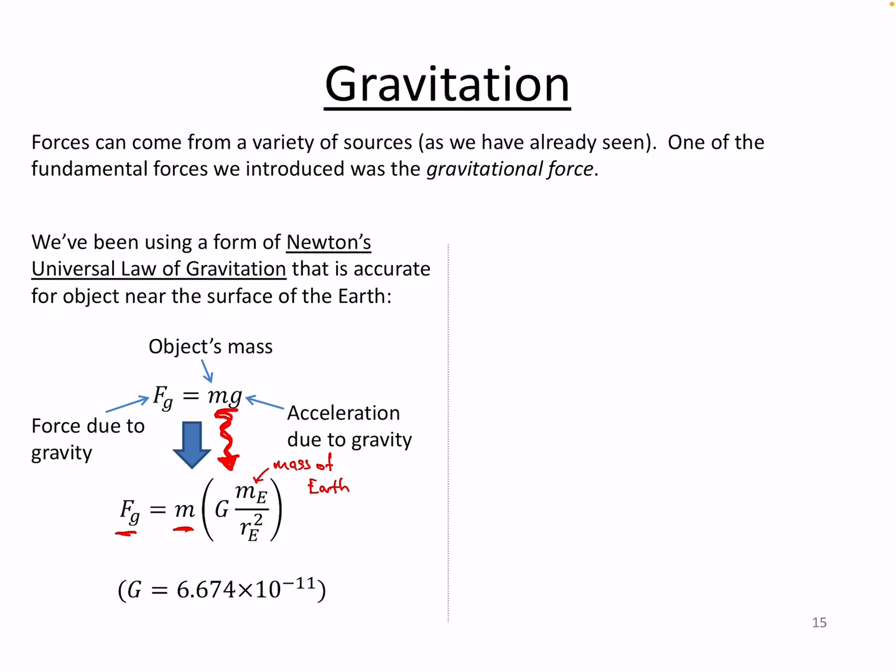The radius of the Earth, which, we're not a perfect sphere, but we're reasonably close. And so this is like 6,380 kilometers, so 6.38 times 10 to the 6th meters, squared, okay, as you can see right there.